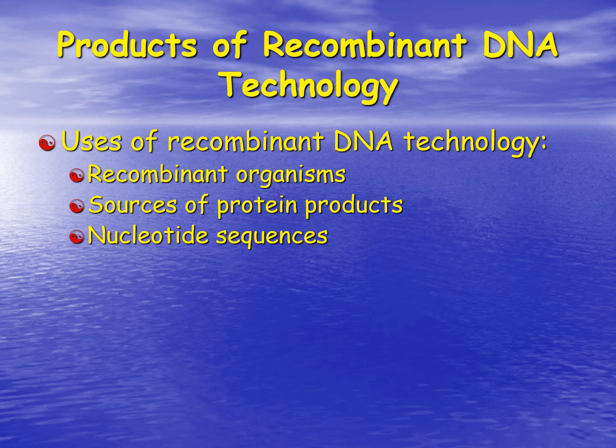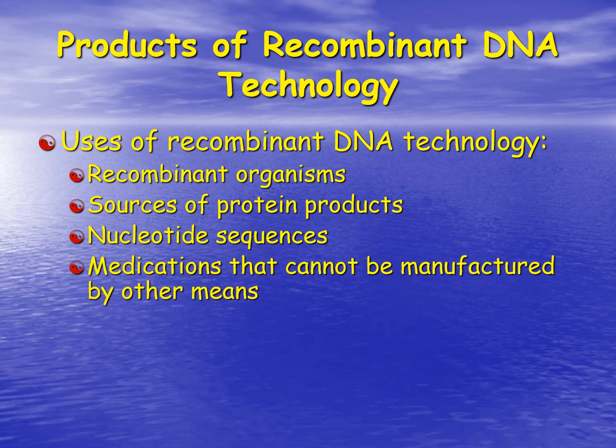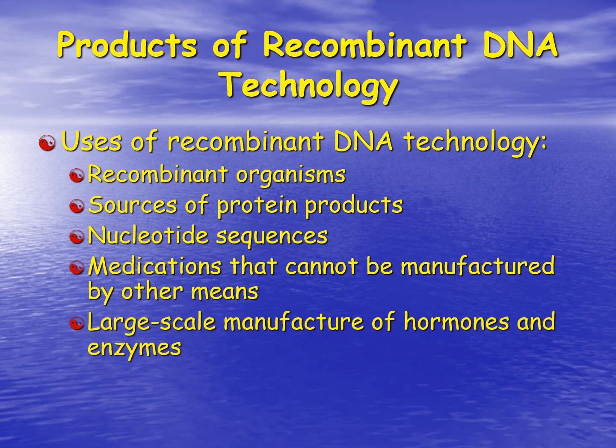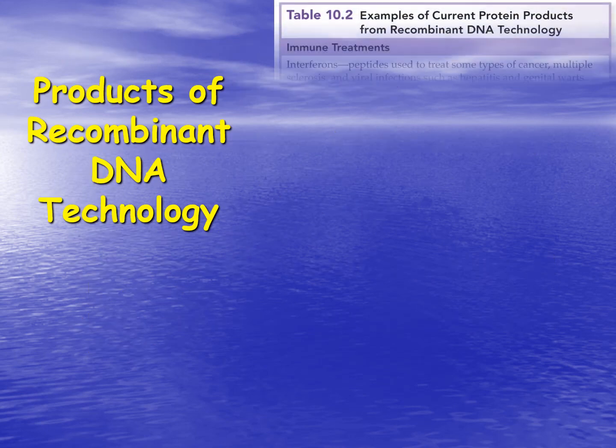We can use recombinant DNA to actually study the nucleotide sequence of these genes, and we can even make medications that cannot be manufactured by other means. Oftentimes, we're using recombinant organisms now for large-scale manufacture of hormones or enzymes.